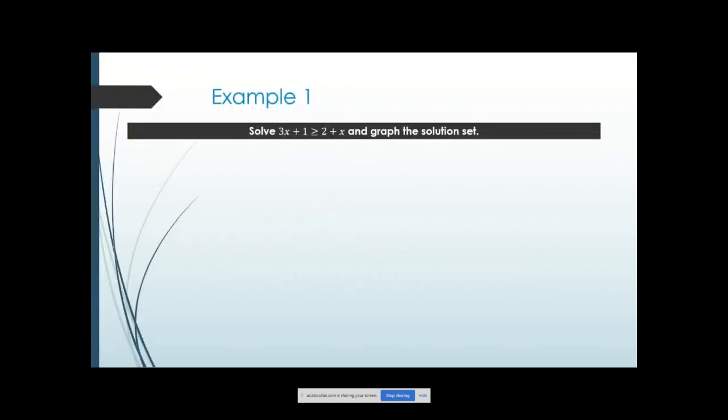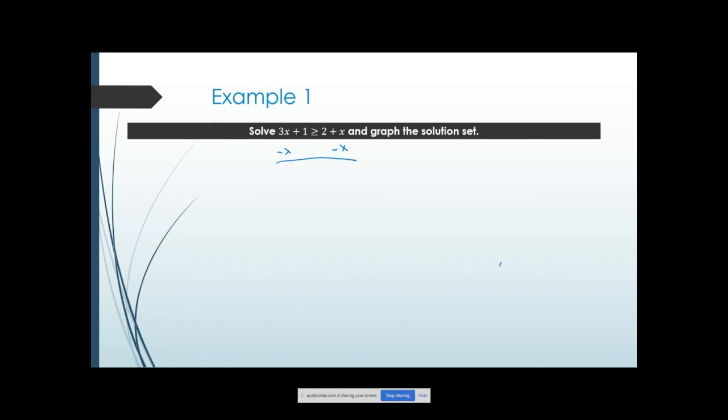So here's one where we're going to solve and graph, so you can see the connection there. So we've got 3x plus 1 greater than or equal to 2 plus x. Because I want the variable on the left, I always move my variable first. So I've got plus x, so I'm going to subtract x on both sides.